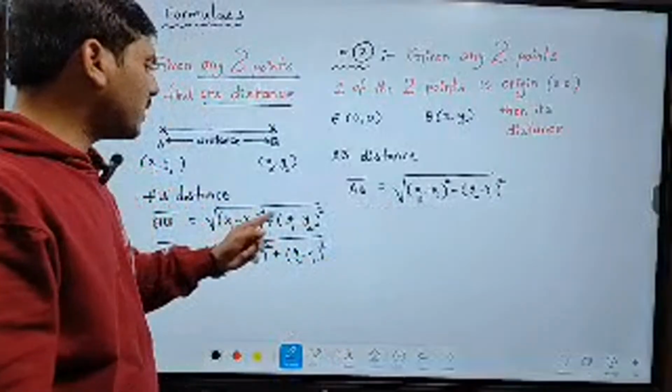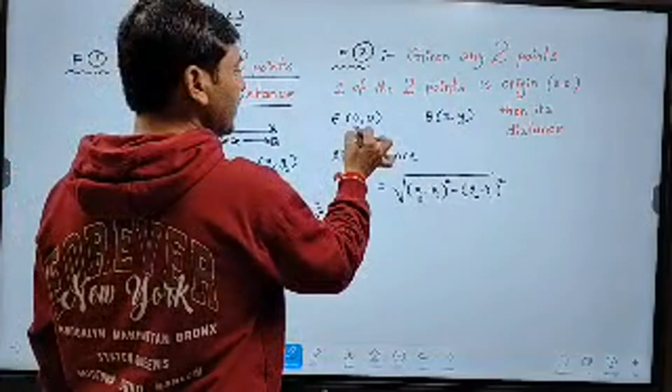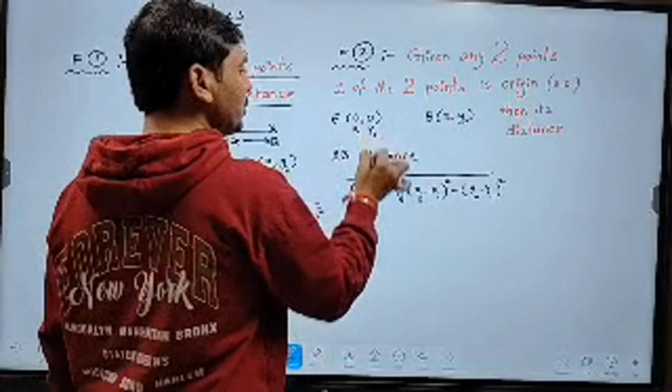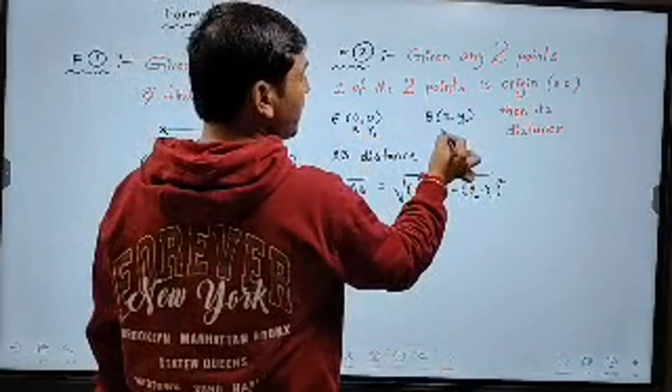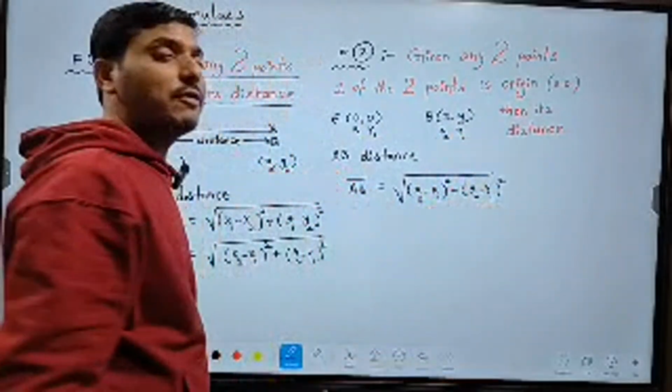You can take this formula also. Replace x1, y1 with the values 0, 0, and replace x2, y2 with the values x, y.